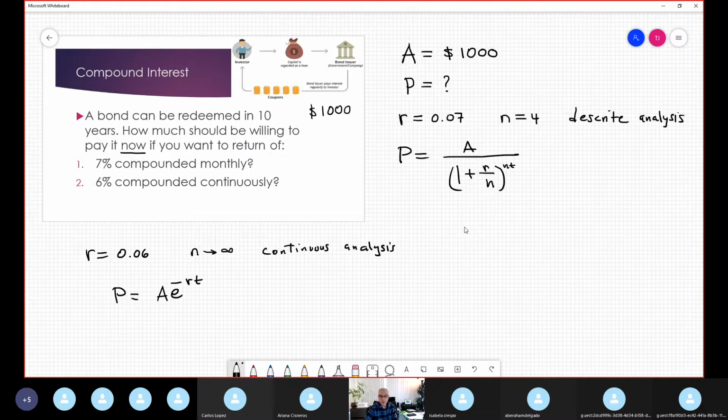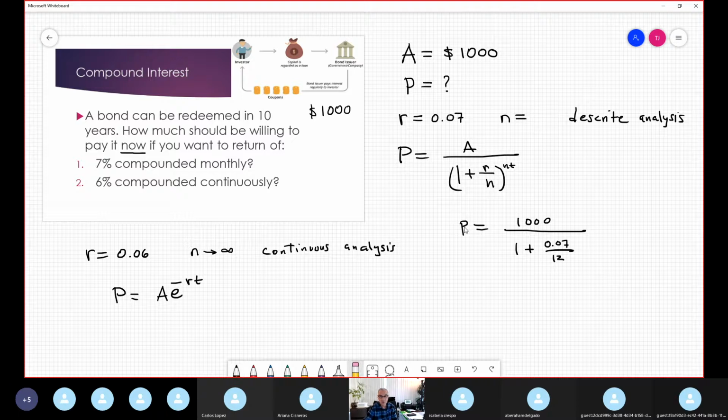Okay, let's do it. So present value is equal to 1,000 divided by 1 plus R, where R is 0.07 divided by 12 because it's monthly. But sorry, is it monthly or is it quarterly? Monthly. So no, I made a mistake here.